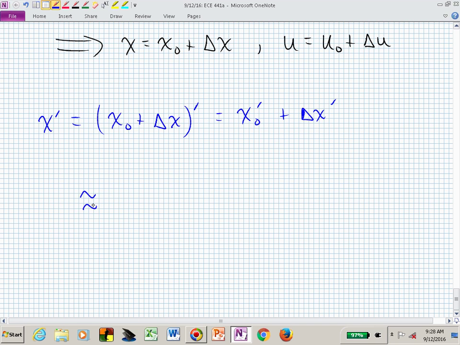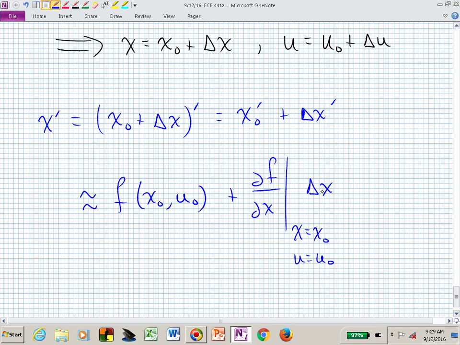That's the left-hand side, but that's approximately f of x naught, u naught plus the partial of f with respect to x, again evaluated at that operating condition, times x minus x naught, which is what we said we will label delta x, plus partial of f with respect to u, again evaluated at the nominal operating condition, times delta u.